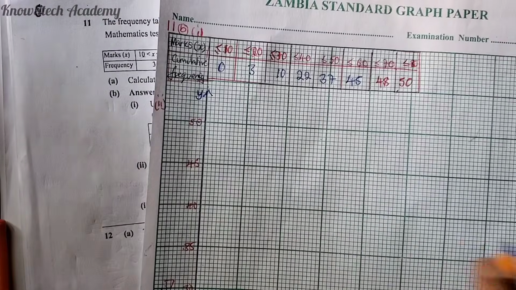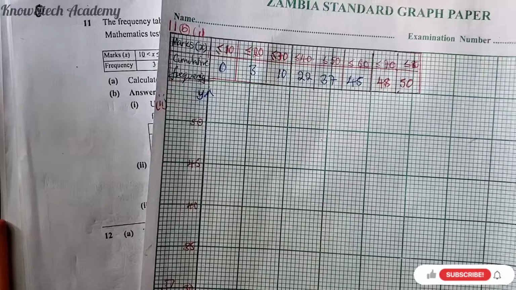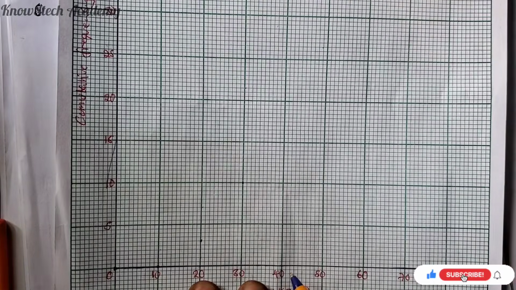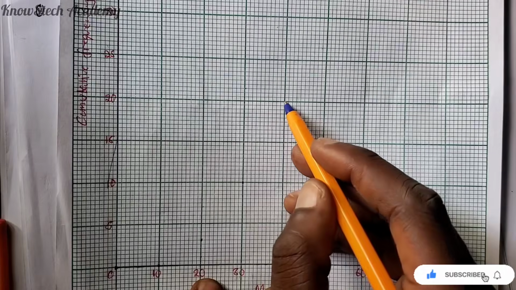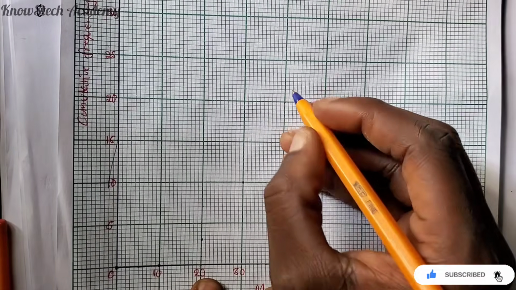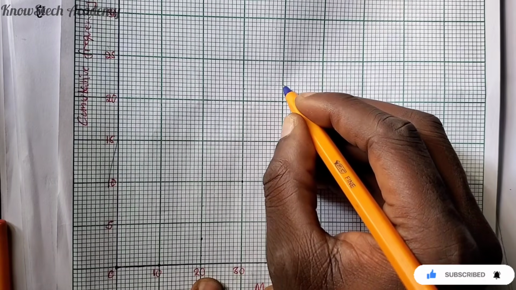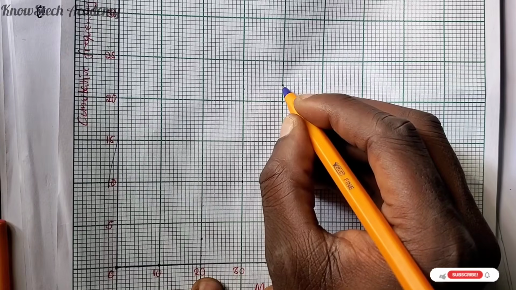Next coordinate is 40, 22. 40 here, 22. So 40, 22, we're going to say 40, 20 is here. 22, so it will be 4 boxes. 21, 22. So 22 is here.